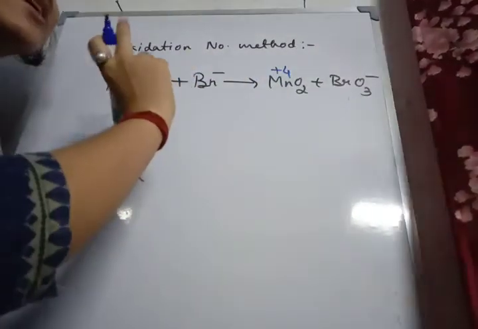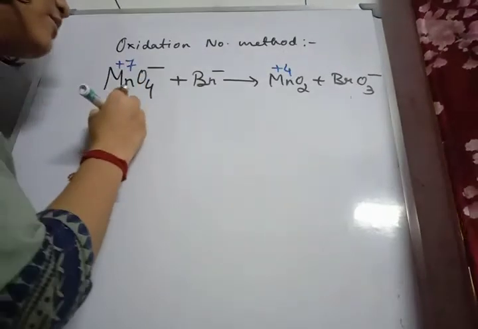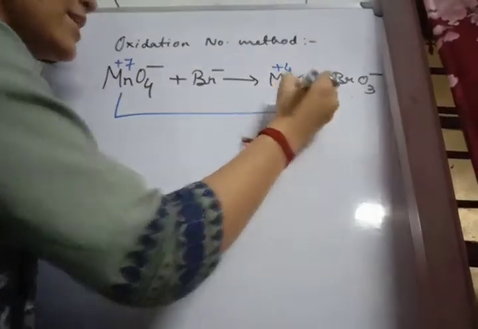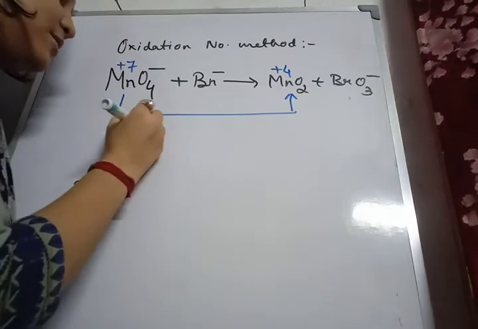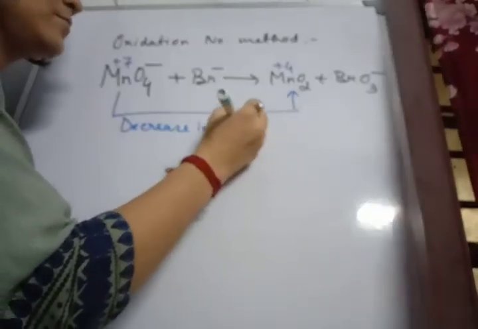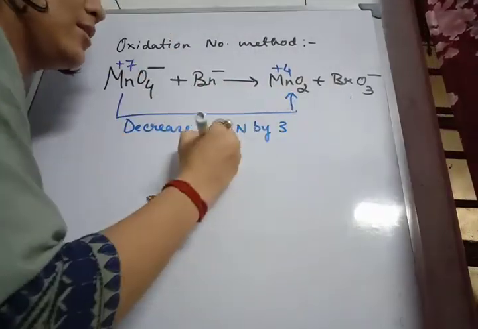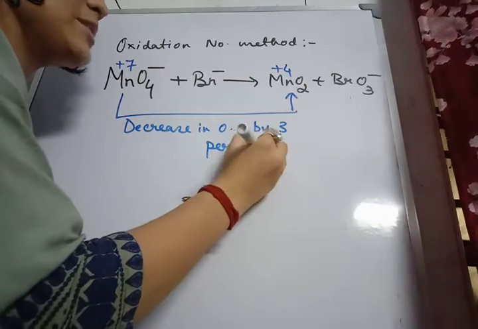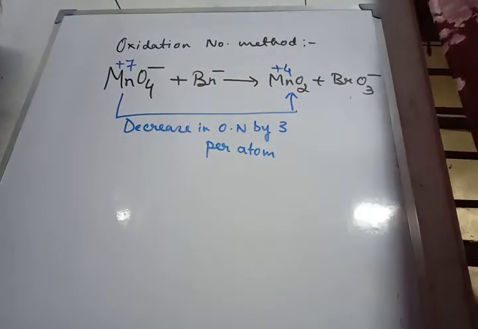That means it undergoes decrease in oxidation number. So MnO4 negative will be my oxidizing agent. Decrease in oxidation number by how much? The change is by 3 per atom, meaning for one manganese atom we have a decrease in oxidation number by 3.